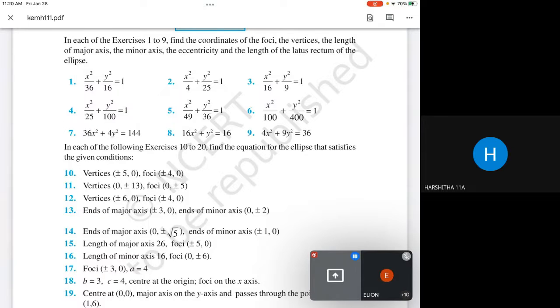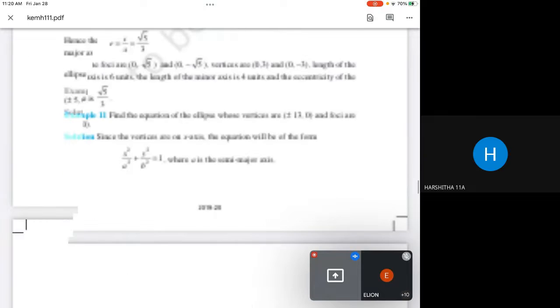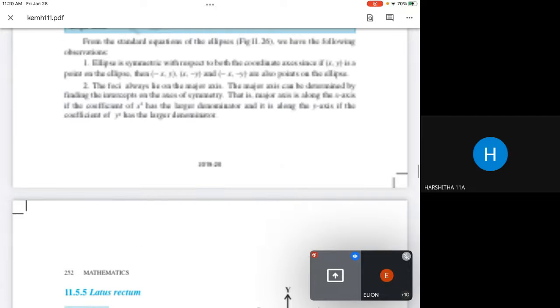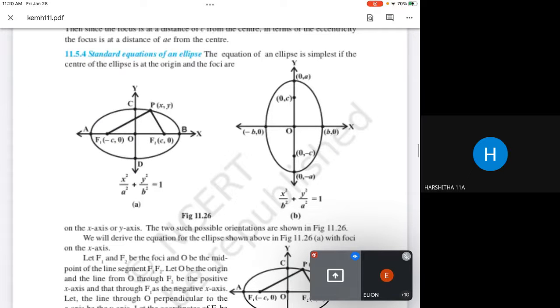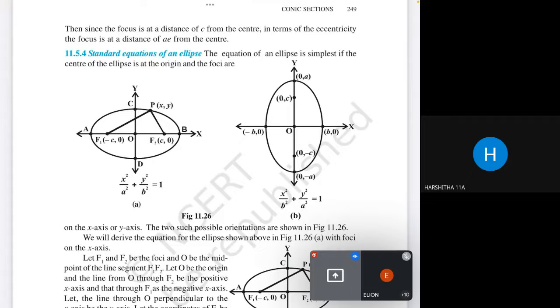And one point everyone has to remember is that whichever equation you are taking into consideration, either the first one or the second one, a is always greater than b. Isn't it? In the first case, if you take that, a is on the major axis, the x axis.